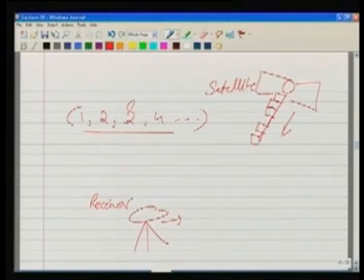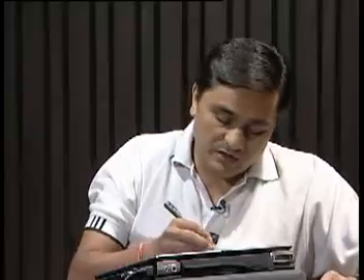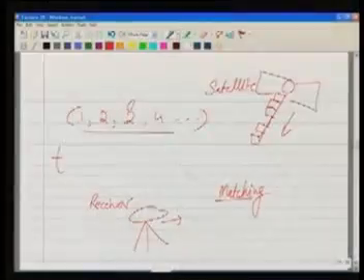So similarly here also, by matching the signal which is being generated by the receiver and the signal which is reaching from the satellite, the receiver will determine the time of travel of the signal from the satellite to itself.